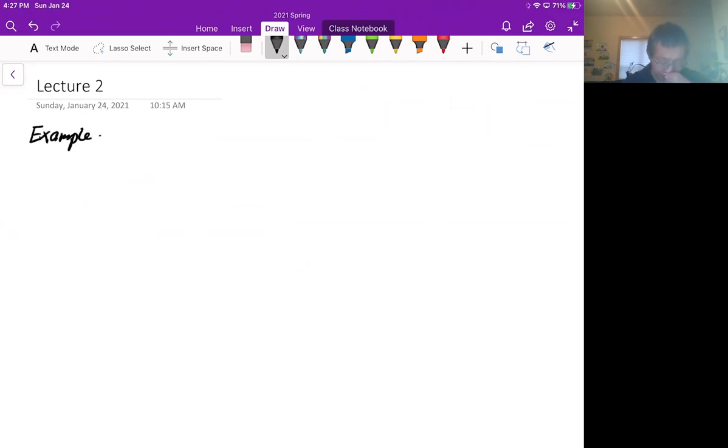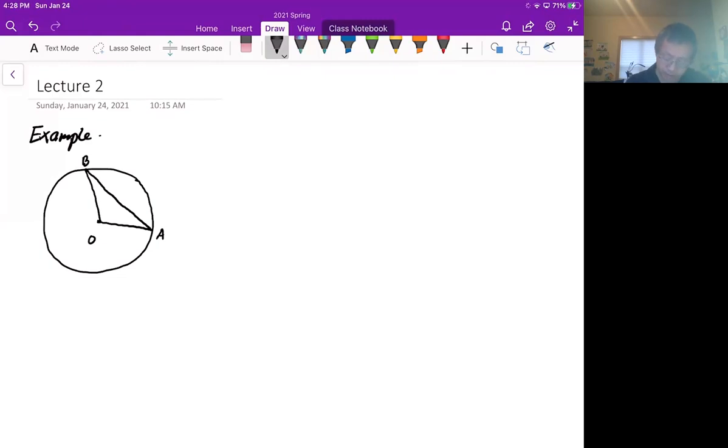Okay, and let's see. Suppose we have a circle. All right, and then I'm going to have the center here, O, and then I have, let's say this way, and maybe this one here. So A and B here are two points on the circle, and I connect AB.